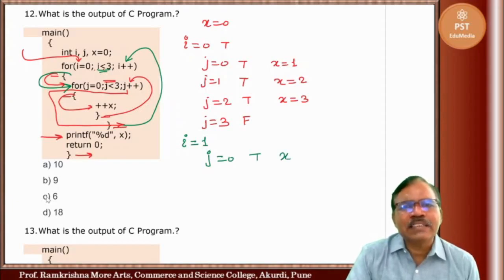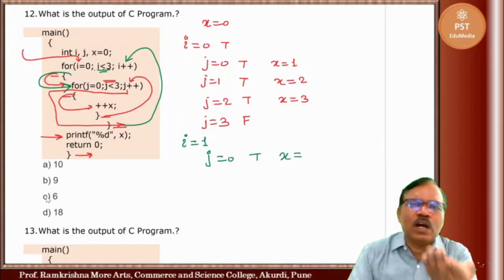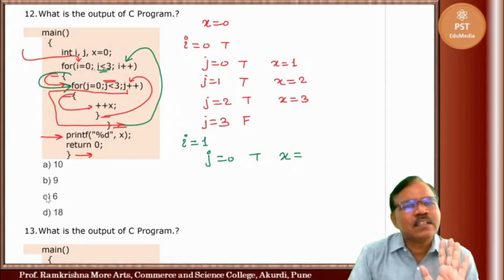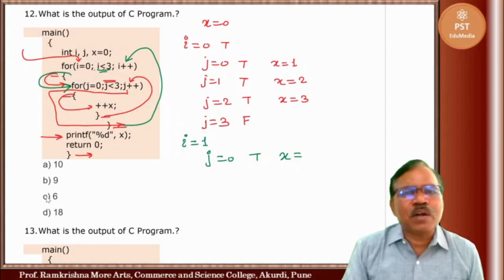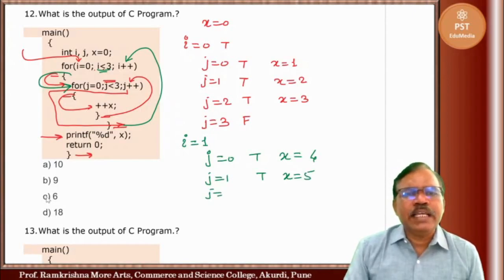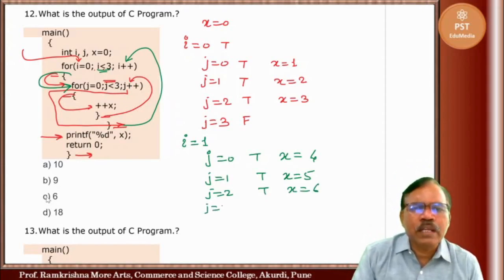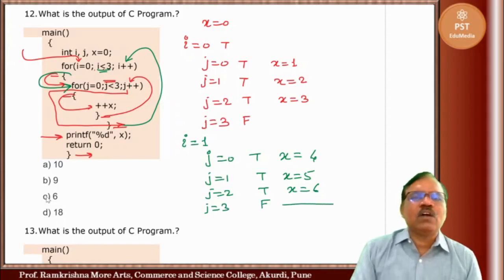What is x? Earlier we know the value of x is 3, we haven't modified it, so x will now become 4. Now j will become 1, we are in the second for loop now, condition is true, x will become 5. Now j equal to 2, condition is true, x will become 6. Now j will be 3, condition is false, so x will not change.